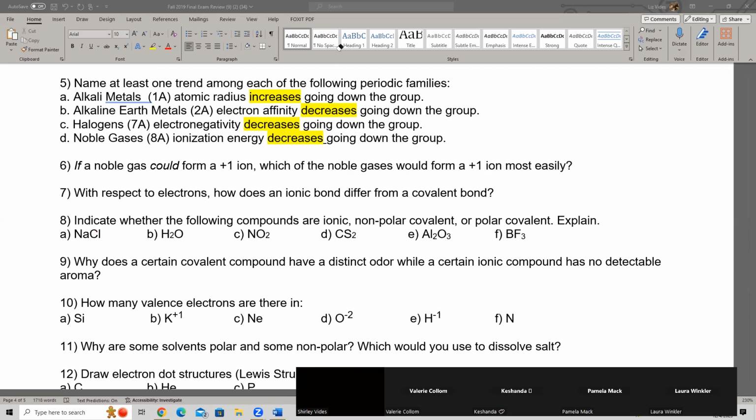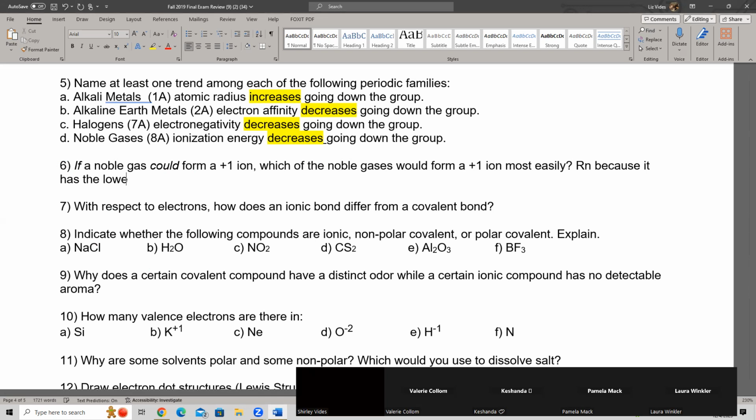Why? Because it's the one with the lowest ionization energy. So you need to just write that down. The answer is radon because it has the lowest ionization energy of the noble gases. There, how's that?